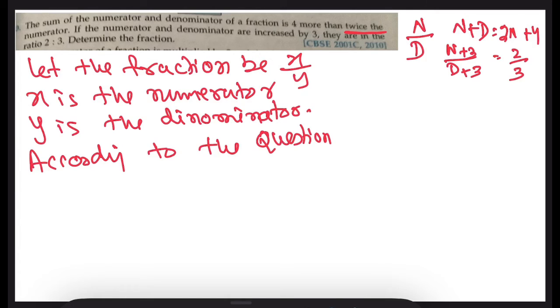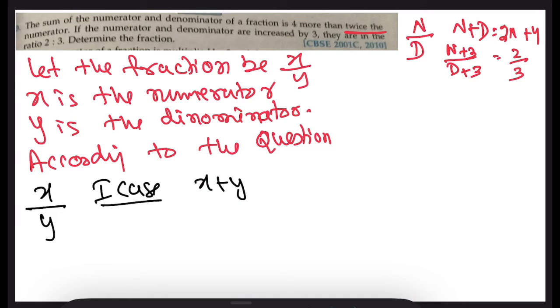what is the question saying? According to the question, x upon y is our fraction. The sum of the numerator and denominator of the fraction is equal to 4 more, means plus 4, than twice the numerator.